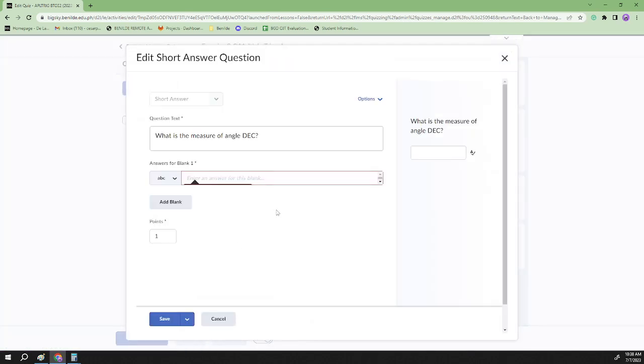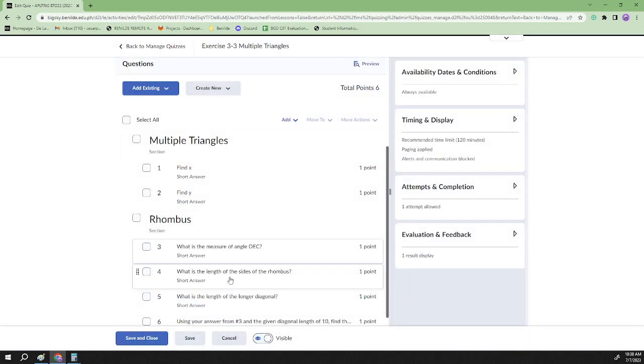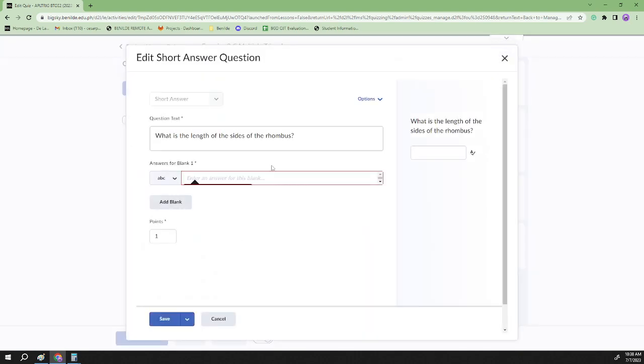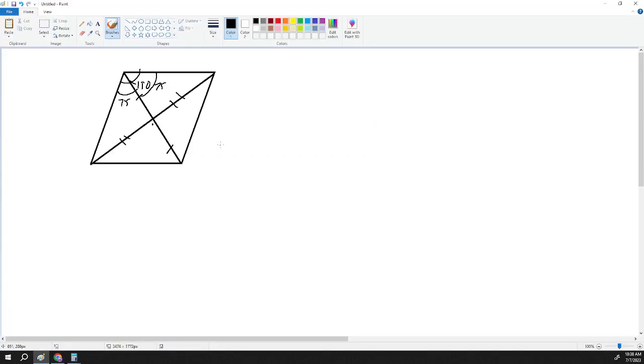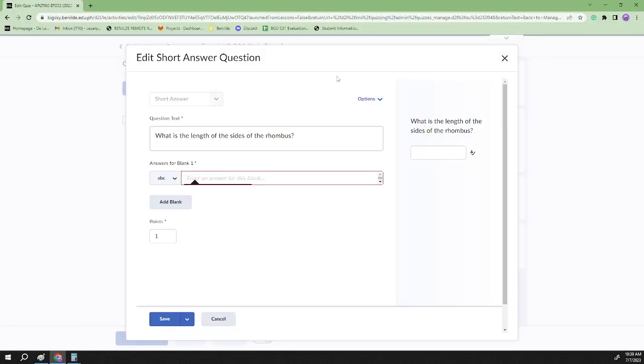So you have to find the angle DC. You have to find the length of the sides of the rhombus. Again, a rhombus is a special kind of parallelogram because all sides are equal. That is a special property of a rhombus.